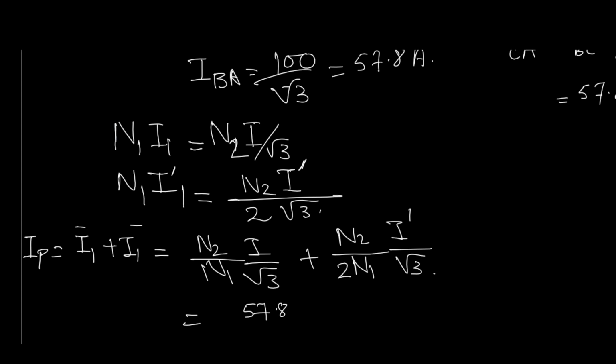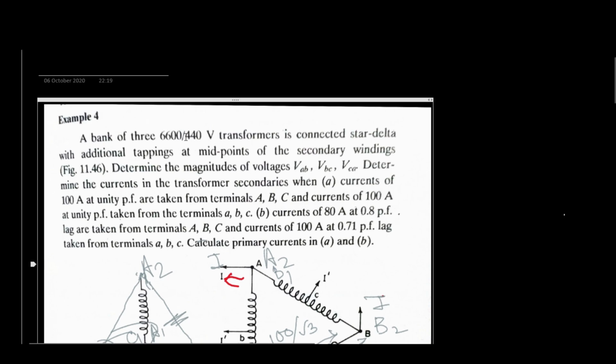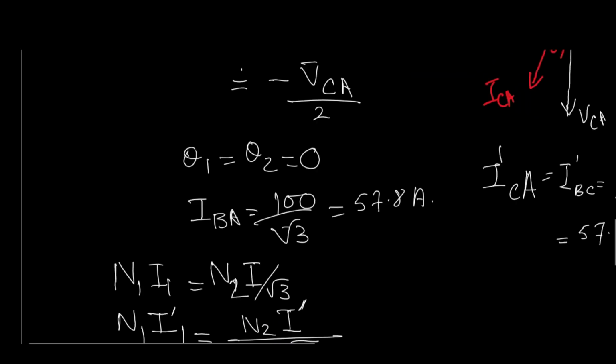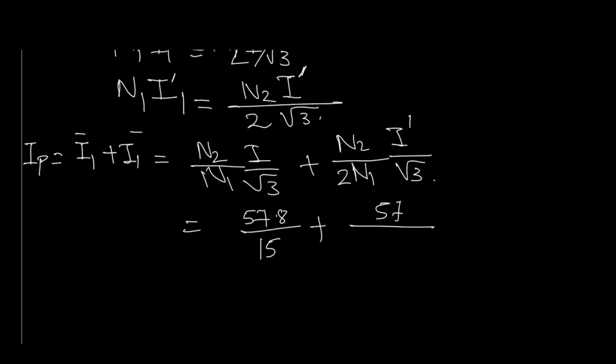How much is N2 by N1? From our problem we can find it out. It is 6600 by 4400, which is 1.5. So it is 57.8 by 1.5 plus 57.8 by 3. So you will get 57.8, right?